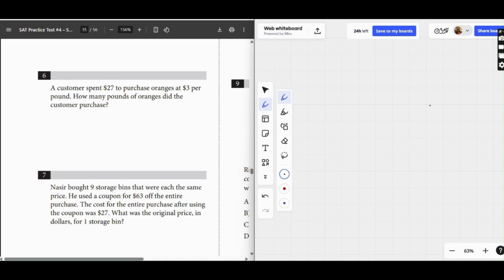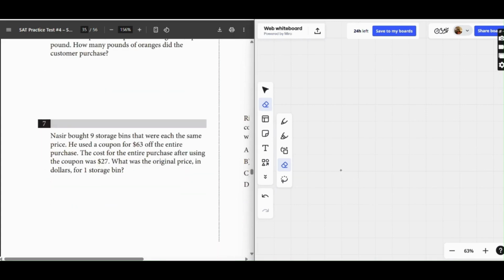All you guys need to do. Let me take 5 seconds. Maybe you're already saying the answer. So he spent $27, which cost $3 per pound. Therefore, 27 by 3 is going to give him 9. All right, 9 pounds.